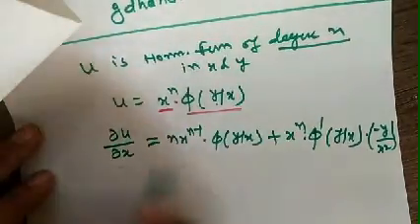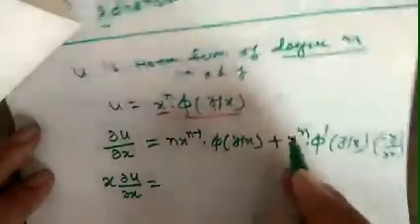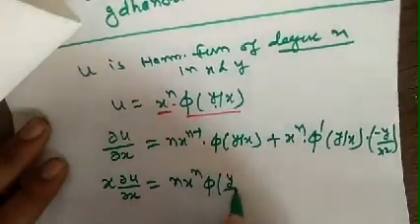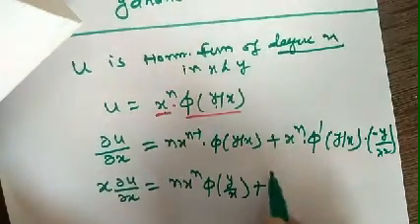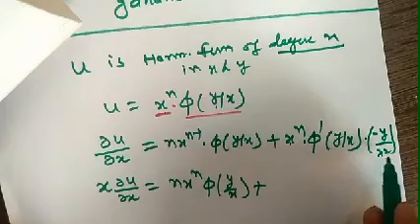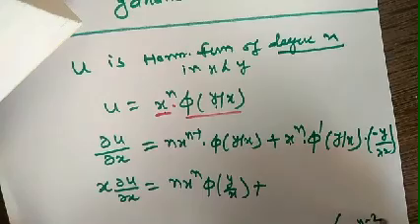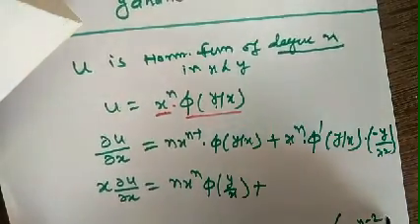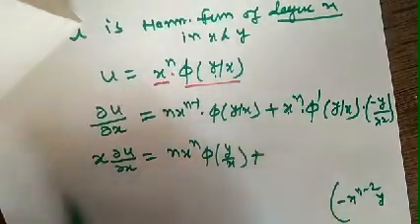After this, I will multiply this whole equation by x, so x into del u by del x is equal to n into x raised to power n phi of y divided by x, plus I am multiplying this term by x. Here this is x raised to power n and this is x square, so this total becomes x raised to power n minus 2. This y term is already here, with the minus inside, and for this total term we are multiplying by x.